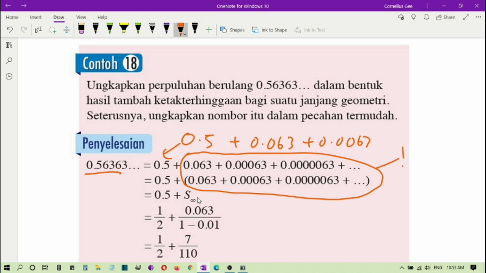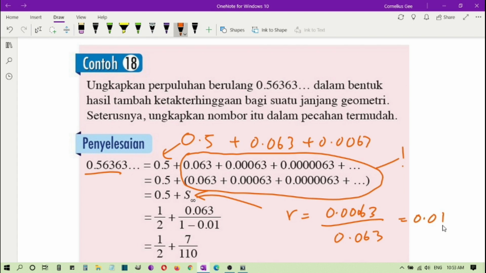Most likely they ask you to find it as a fraction or something like this. So here the R will be 0.00063 over 0.063, which will give you 0.01.